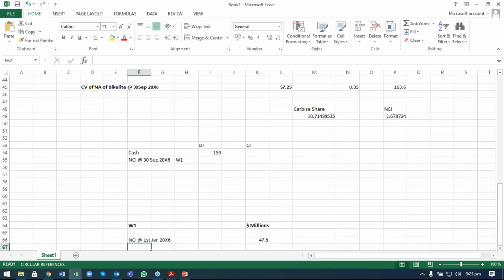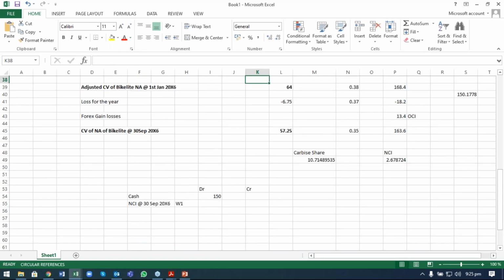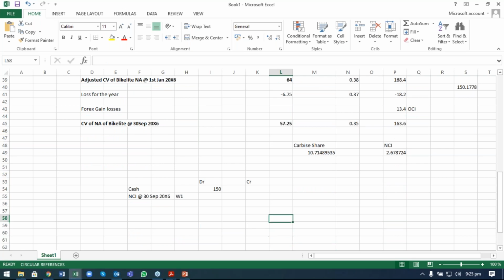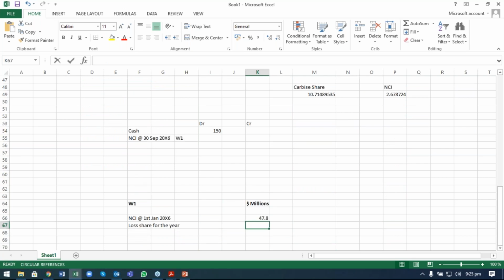Right? So you have to share the profit or loss for the year. What was the loss share for the year? The loss for the year was 18.2 million. You have to consider the loss percentage, so this working should be done over here.